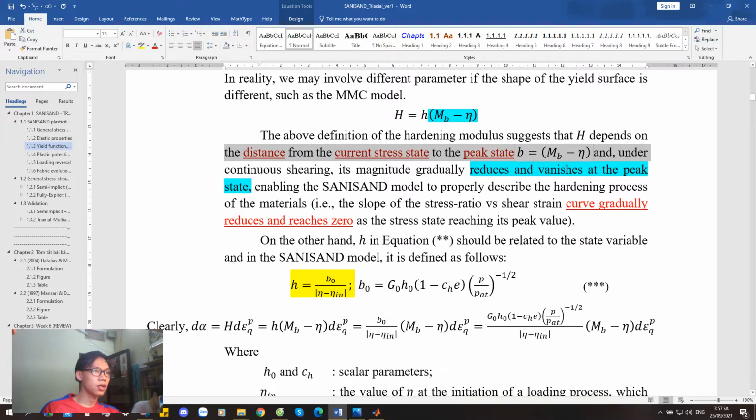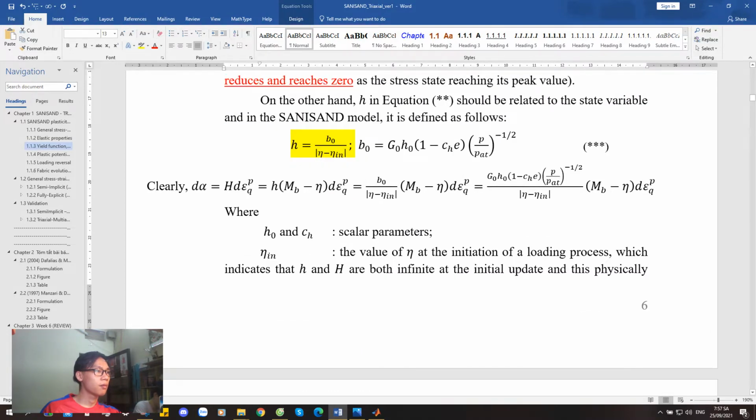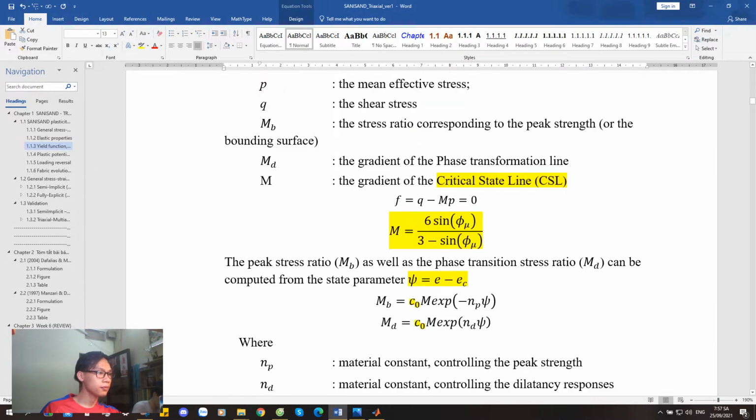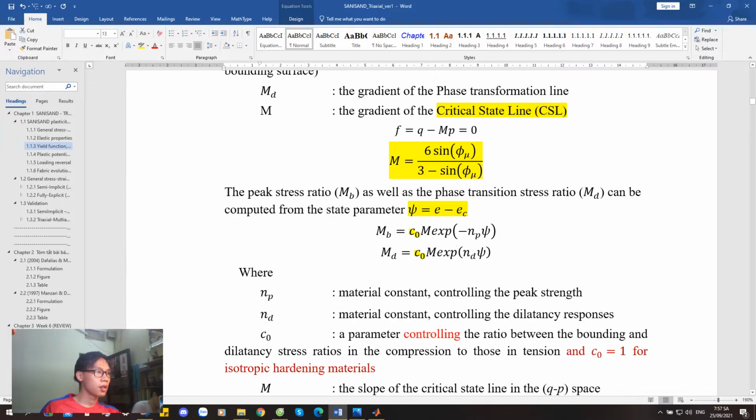And you can see eta will increase, and when it's at the peak of state, one special thing you can see there, we have the MP and MD, it looks like Simpson, but we have one more parameter, C0. Parameter controlling rate of bounding and dilation, strain rate to compression in pseudo tension. 0, 1 for isotropic hardening material.